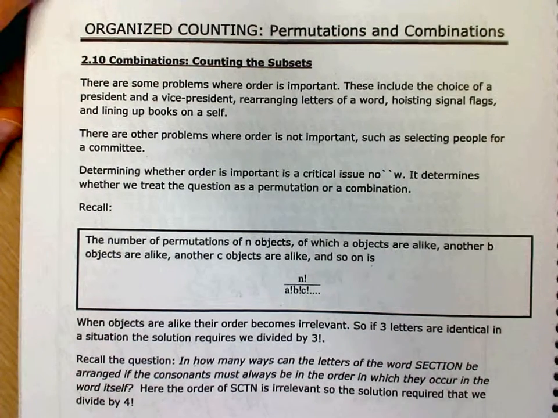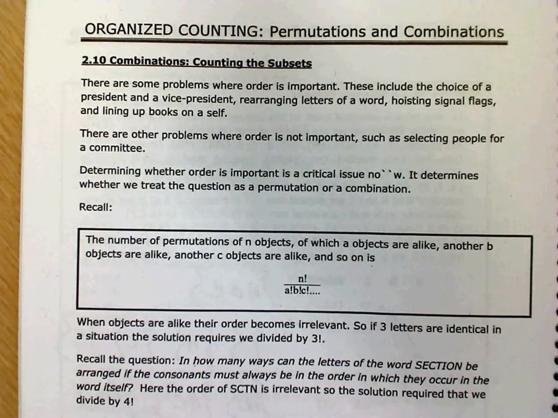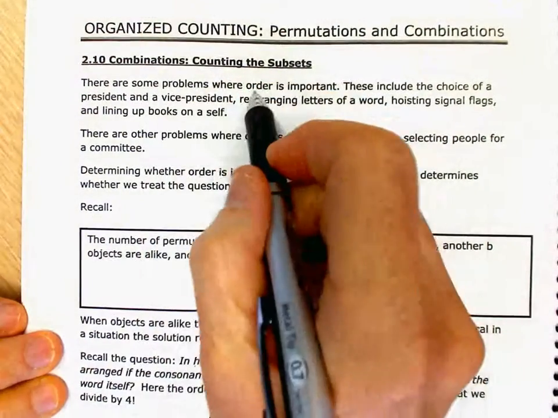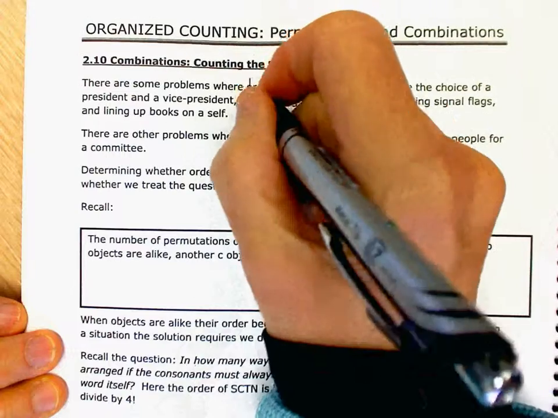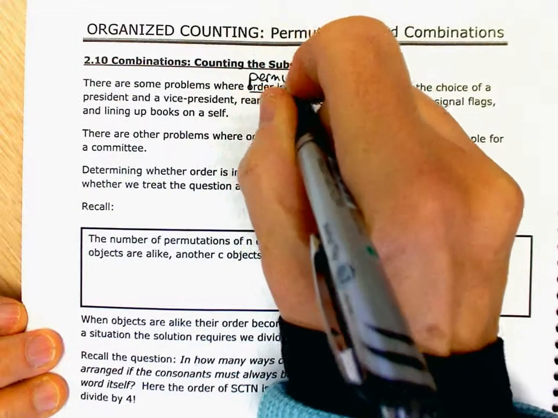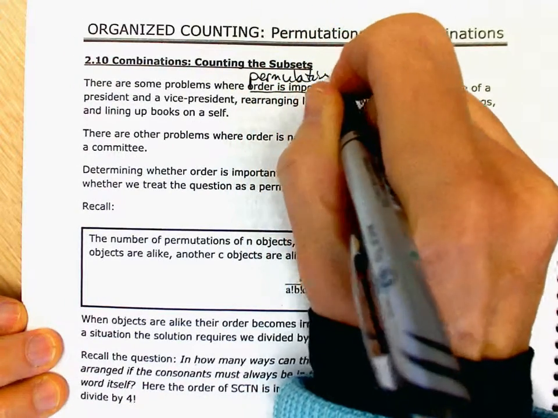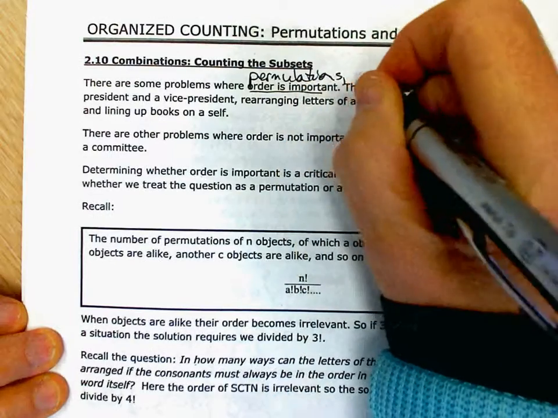Okay. So far, for the most part, we've been dealing with problems where order is important. And those were called permutations, right? Or arrangements.